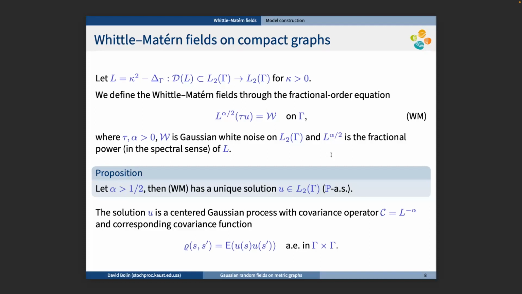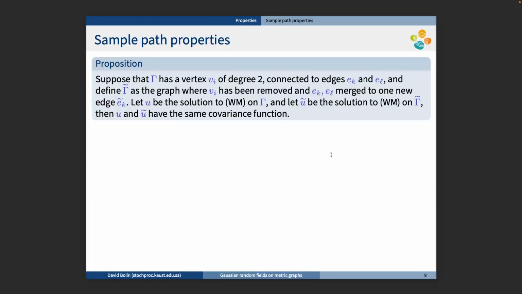So, okay, now we have defined a Gaussian process on the network, and we know that this is well posed, but we can in fact say a lot more. One very important property that this model has is that it is essentially invariant to adding or removing vertices of degree 2 in the network.